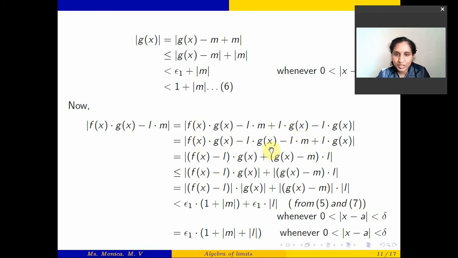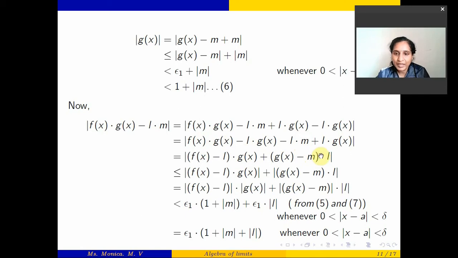In the first two terms g of x is common, so take g of x common. What I am left with is f of x minus L. In the second terms L is common, and what I am left with here is g of x minus M after taking L common outside.